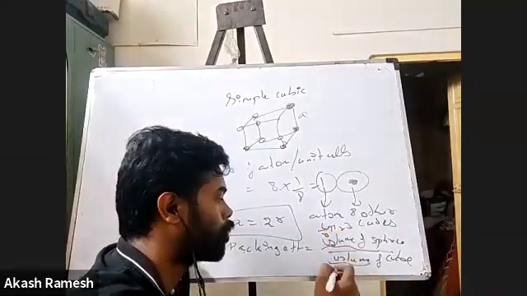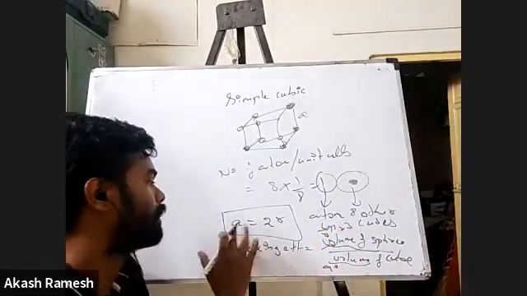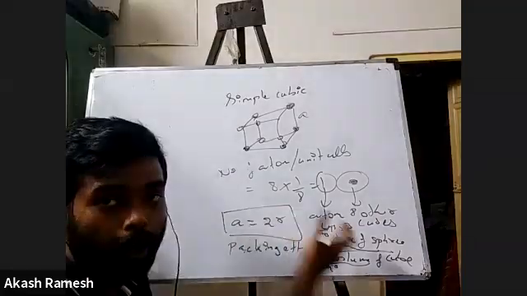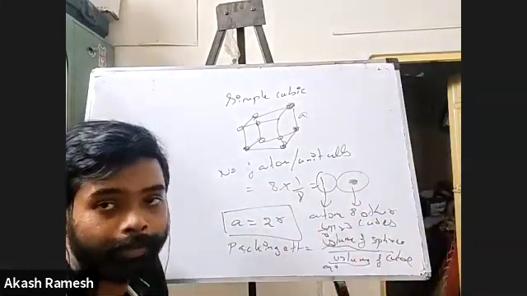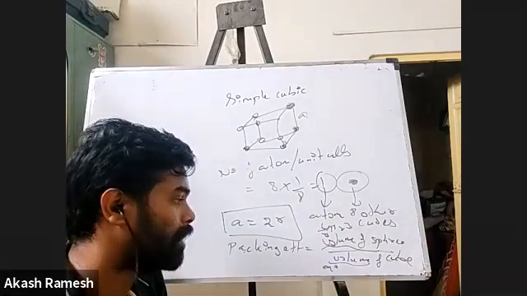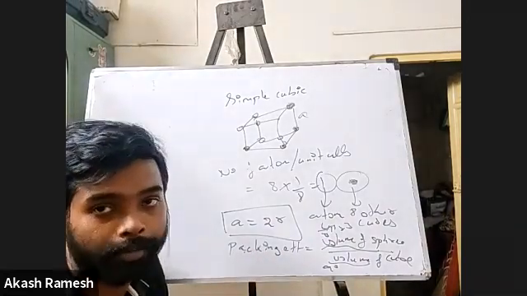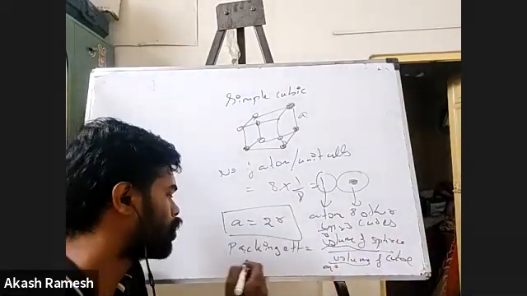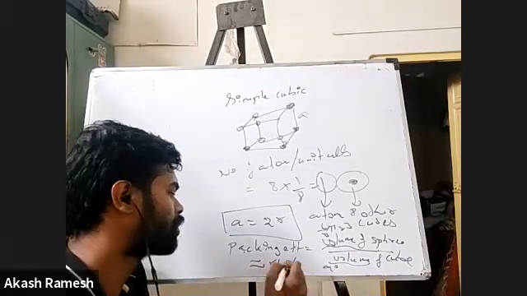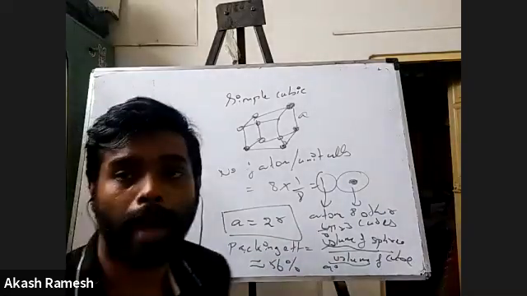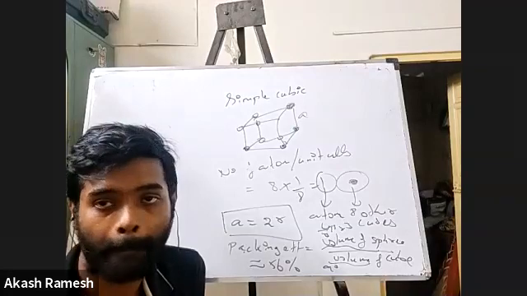Now you put the values, either substituting A for R or R for A, and then you calculate it. Only 1 atom per unit cell. So you will approximately get 56% as the packing efficiency for simple cubic.